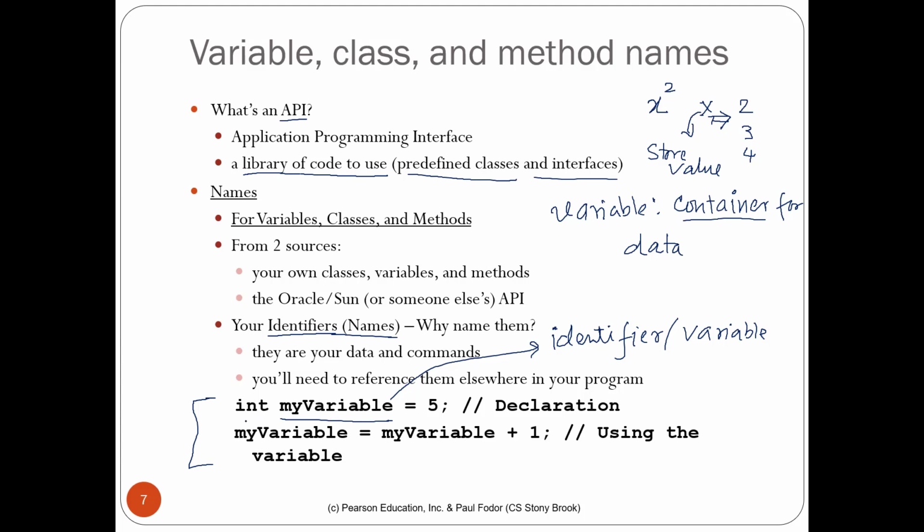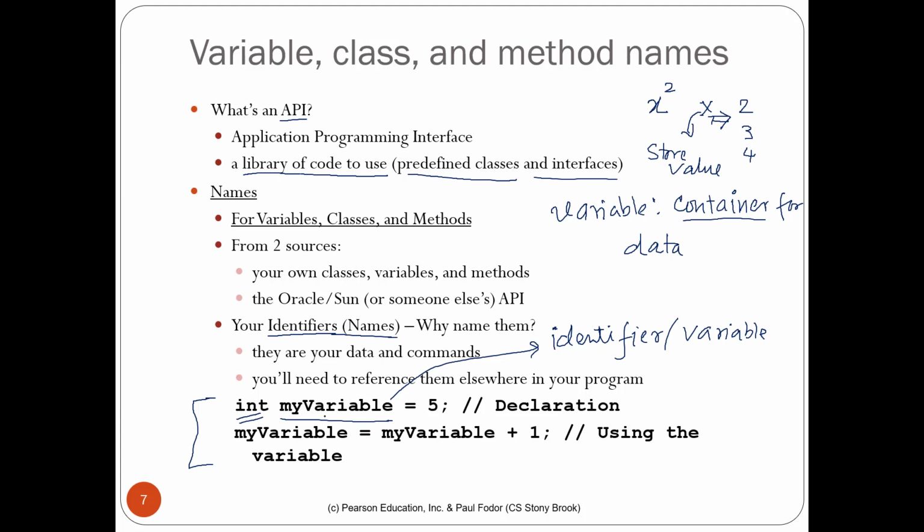Now there's something else right here. This is another keyword, int. We have a slide that discusses the integer data type, but just to explain this code: whenever you declare a variable, this is called a declaration, because this is the first time myVariable appears in your program.